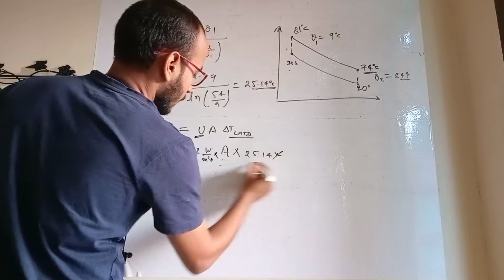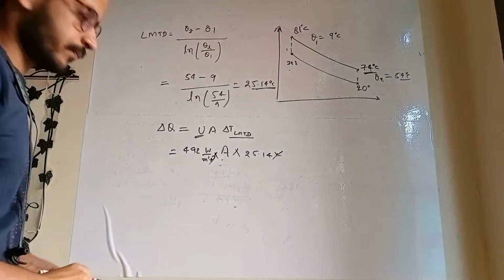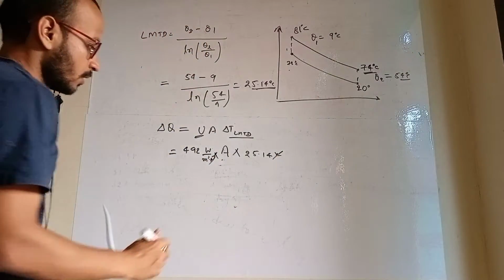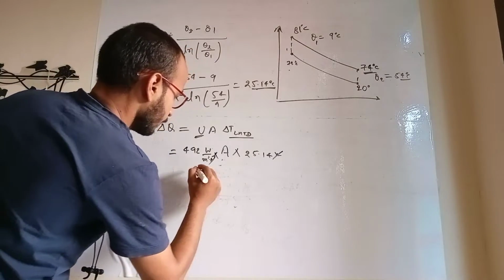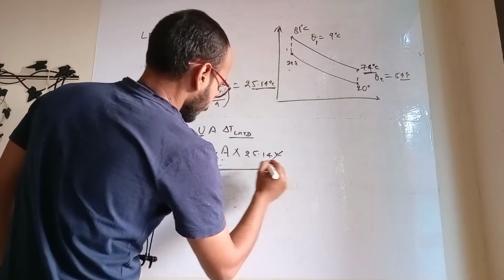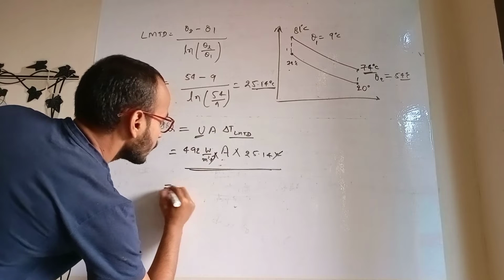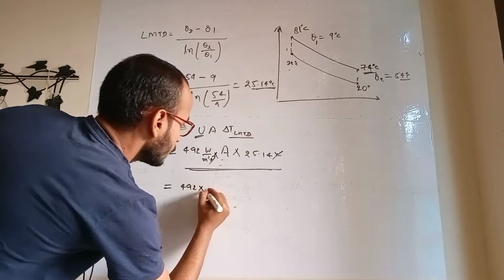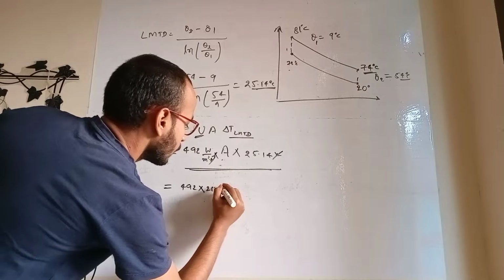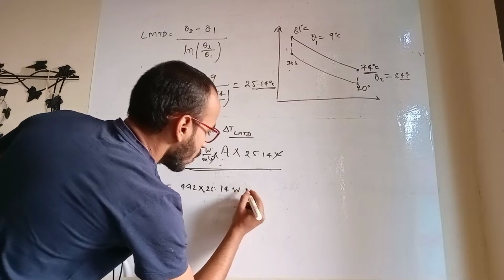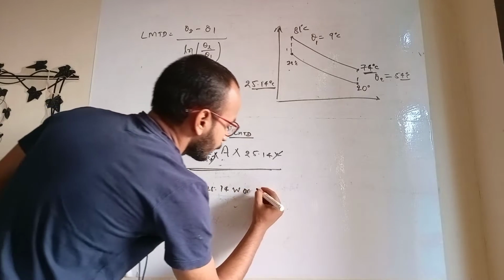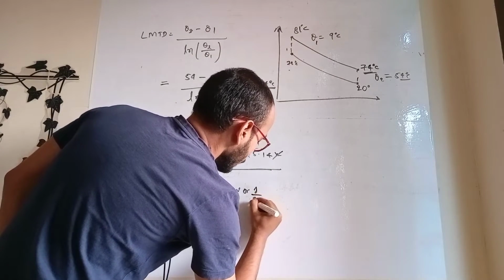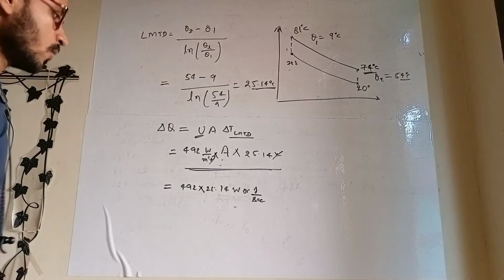So here the Kelvin gets cancelled, so it will become 492 into 25.14 watt, or joule per second.